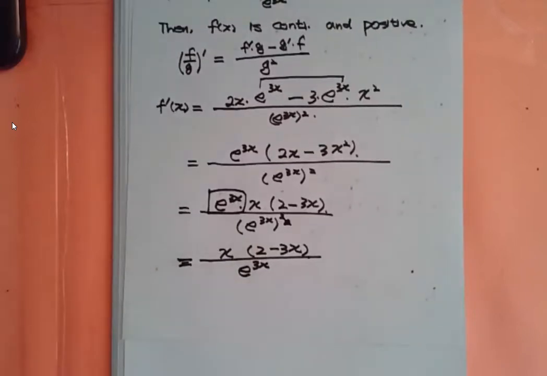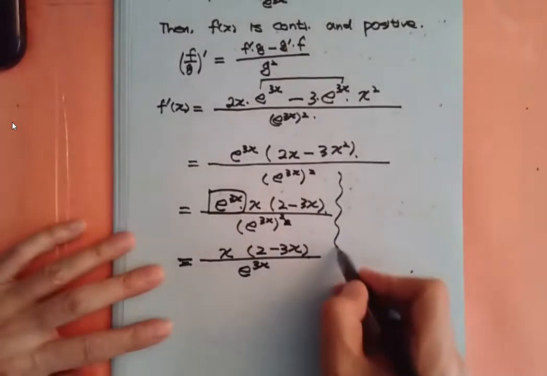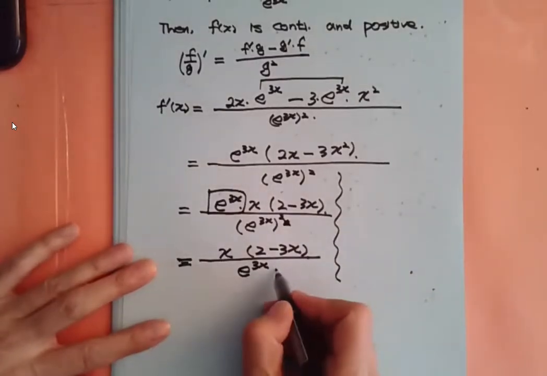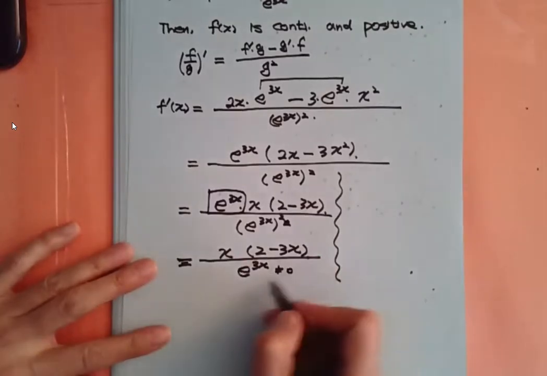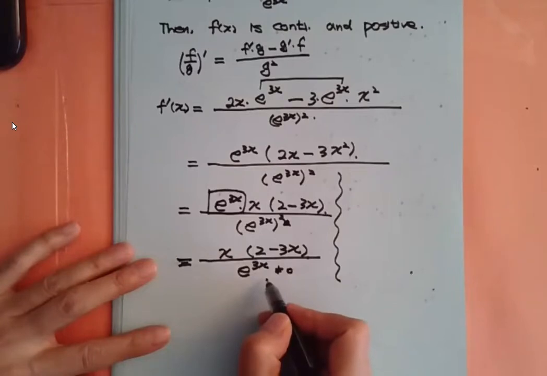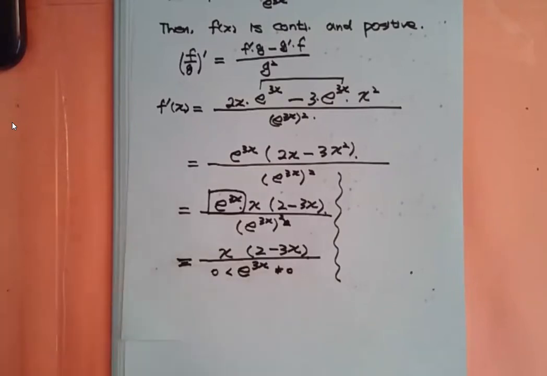And then we have to determine whether the function is decreasing or not. This one will never be zero, so we don't have to care about that. It is never zero, and indeed it is strictly greater than zero, so it doesn't affect anything about the sign of the entire fraction.